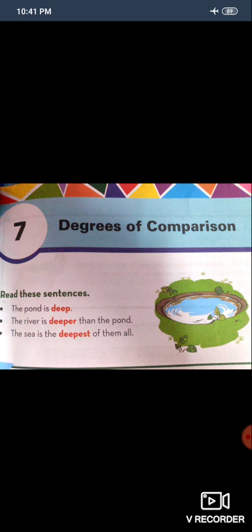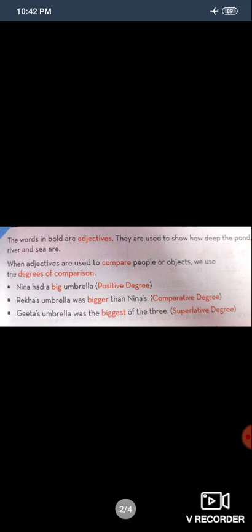Now we understand why these are given as deep, deeper and deepest. The words written in bold are adjectives, and they are used to show how deep the pond, river and sea are.